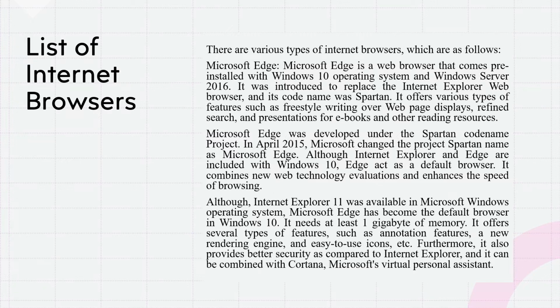It offers various types of features such as freestyle writing over web page displays, refined search and presentations for ebooks and other reading resources. Microsoft Edge was developed under the Spartan codename project. In April 2015, Microsoft changed the project Spartan name to Microsoft Edge.